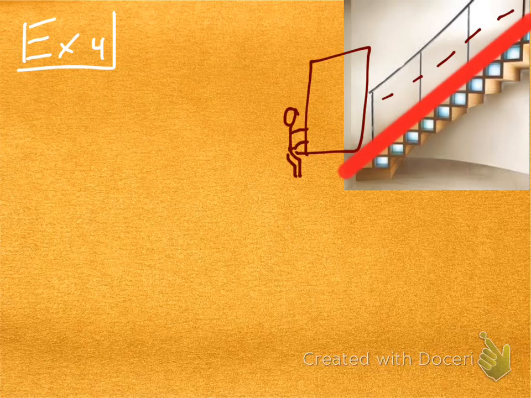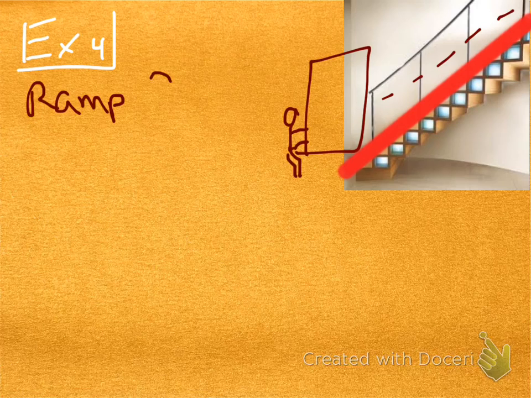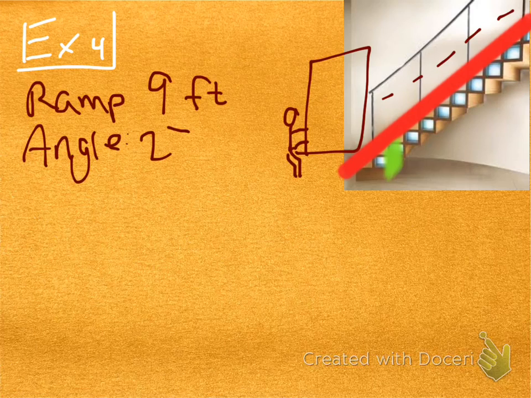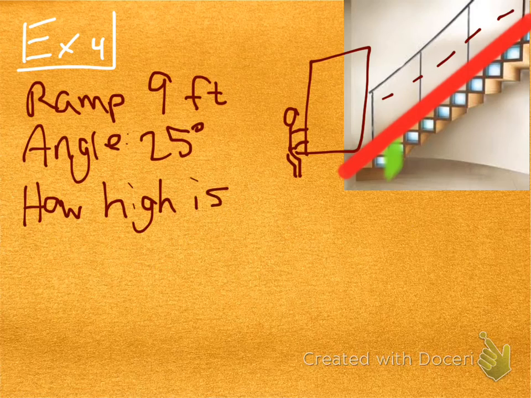If I know that my ramp is, let's say, 9 feet long, and I can measure the angle here, this angle with the ground, I can say this angle is 25 degrees. The question for you would be, how high is the staircase?